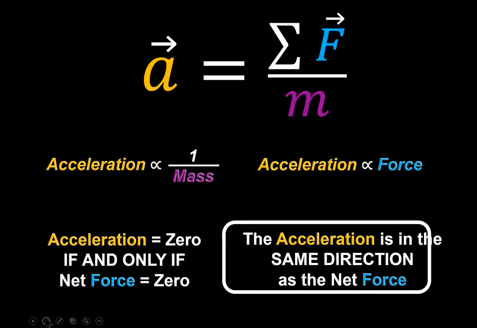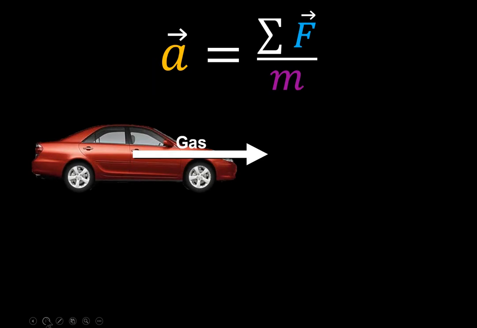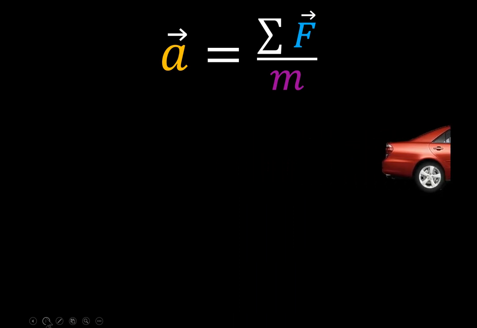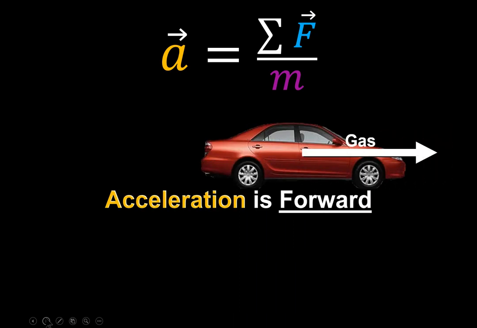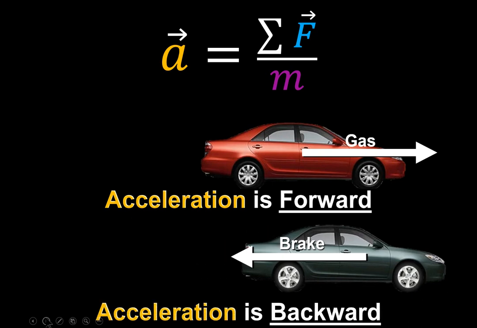The acceleration is in the same direction as the net force. So if you're in the car and you push on the gas, that's a force applied to make it go. The force is going in that direction, so therefore the acceleration is going in that direction.